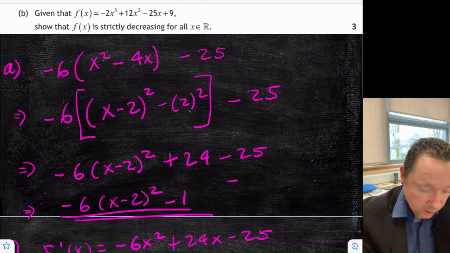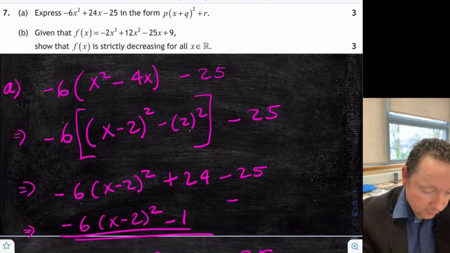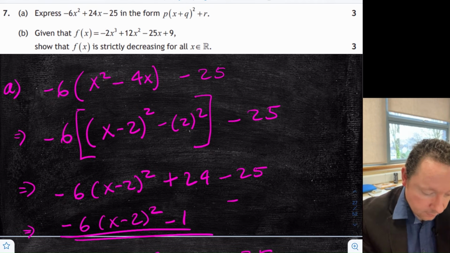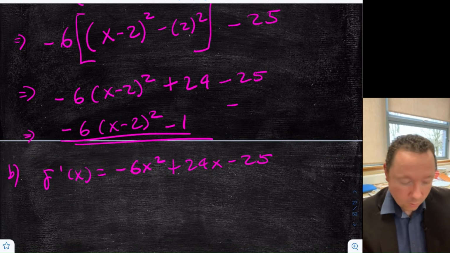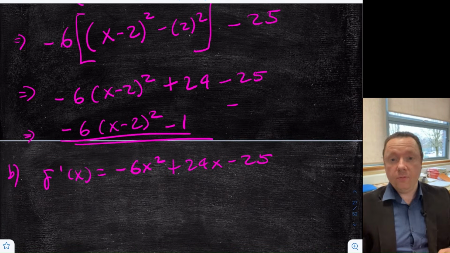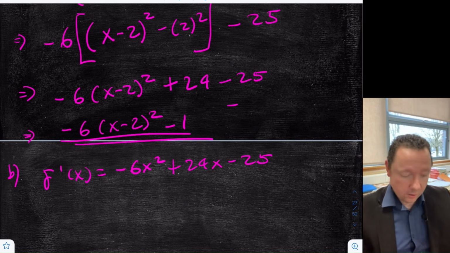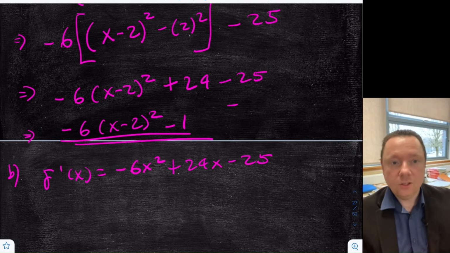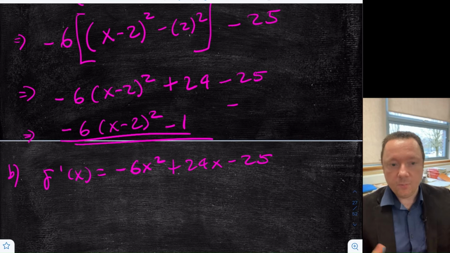So we've differentiated it, but notice that minus 6x squared plus 24x minus 25 is exactly what we were asked to do with completing the square on part A. So it's to do with the fact that we've completed the square.